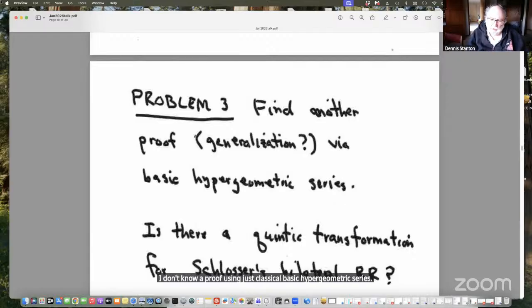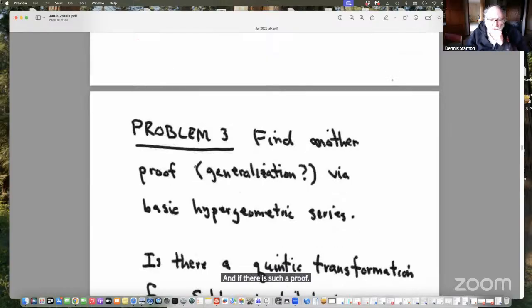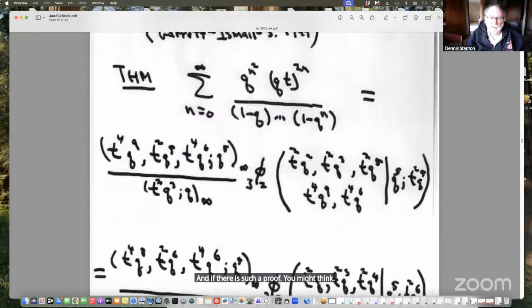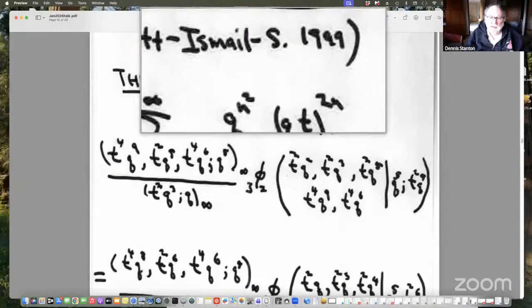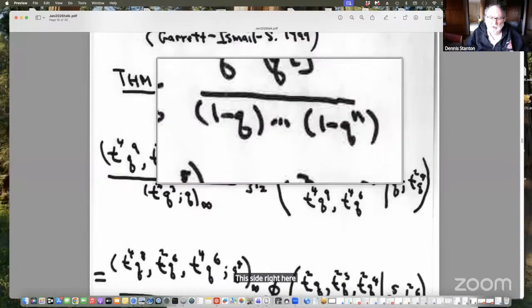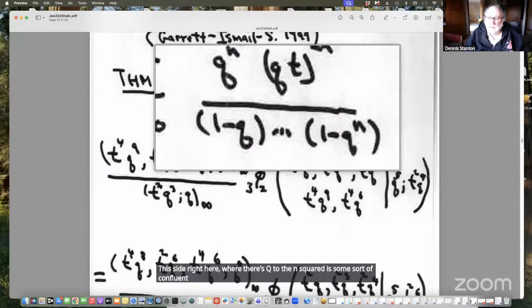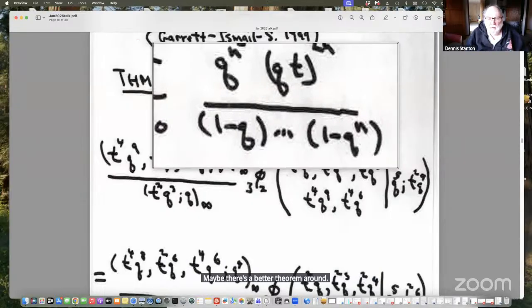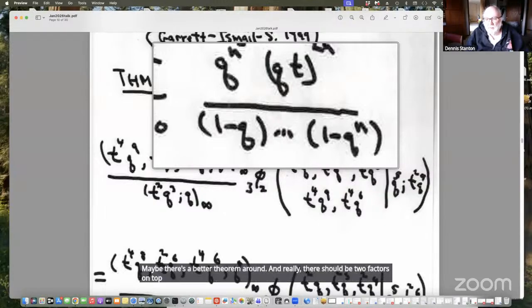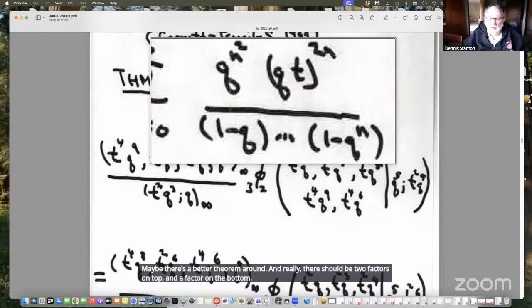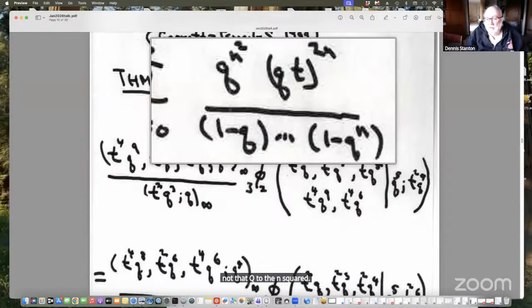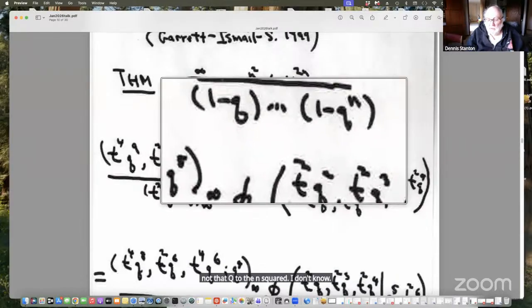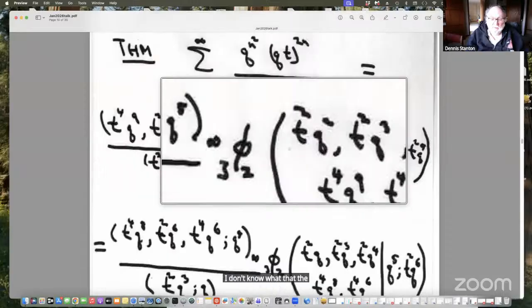And if there is such a proof, you might think this side right here where this q to the n squared is some sort of confluent limit. Maybe there's a better theorem around. And really there should be 2 factors on top and a factor on the bottom, and not that q to the n squared. I don't know. I don't know what that theorem should be.